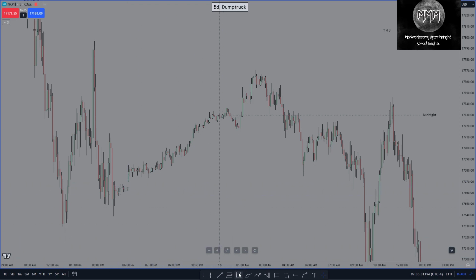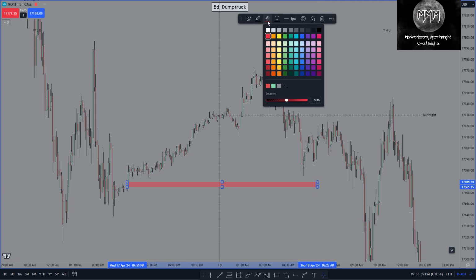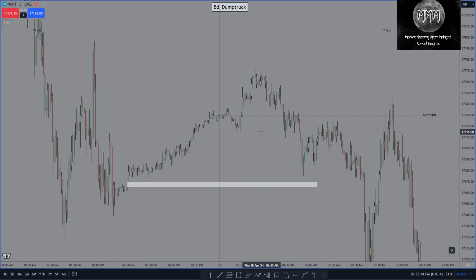Okay, so from the 5 p.m. close to the 6 p.m. open, we left a gap below. Okay, so we have a nice gap below that we are anticipating to be traded back to, because we will fill gaps.